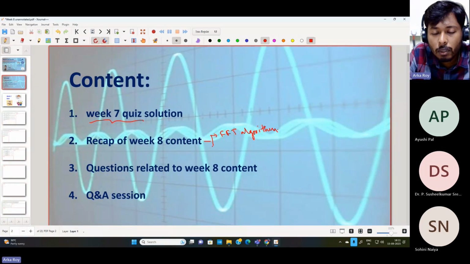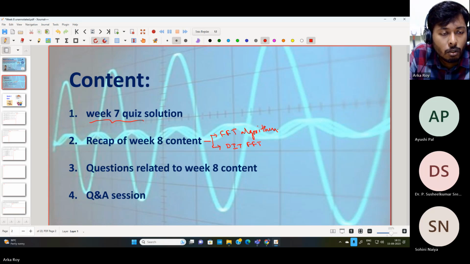We'll be focusing on the DIT FFT, that is decimation in time fast Fourier transform, which is of radix 2. After that, we'll solve some sample questions related to week 8 that will help you in solving the week 8 course quiz. And later we'll have a short Q&A session where I will take some questions if you have any regarding the solution of the question.